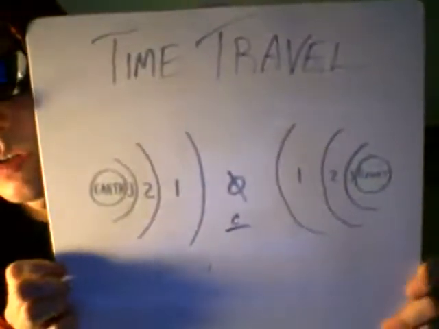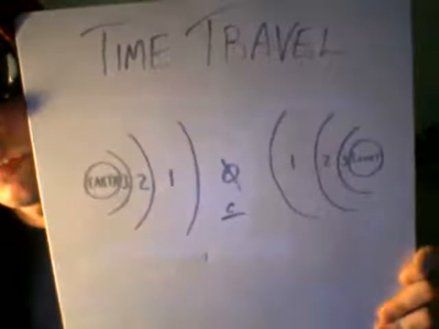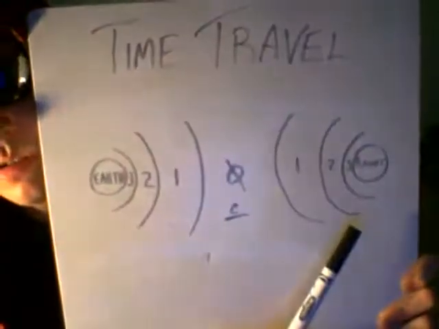Let's see here. Bam. Okay, see, here's the picture. Move this over. Alright. So you got a planet here, you got a planet here.